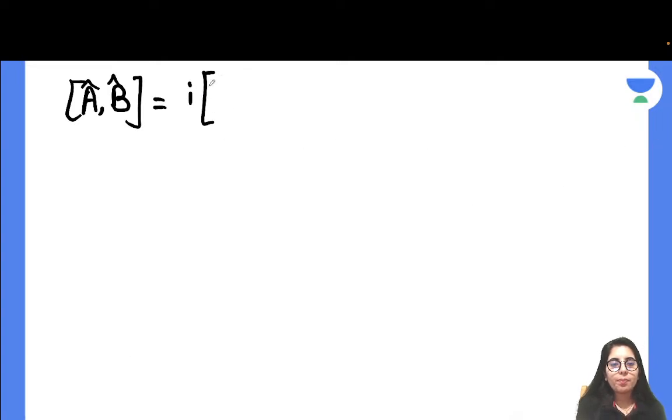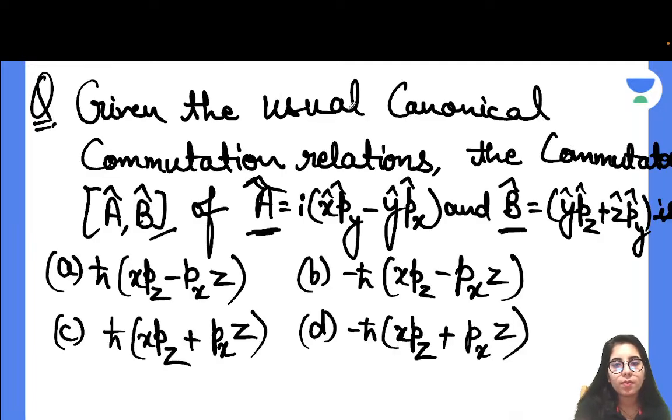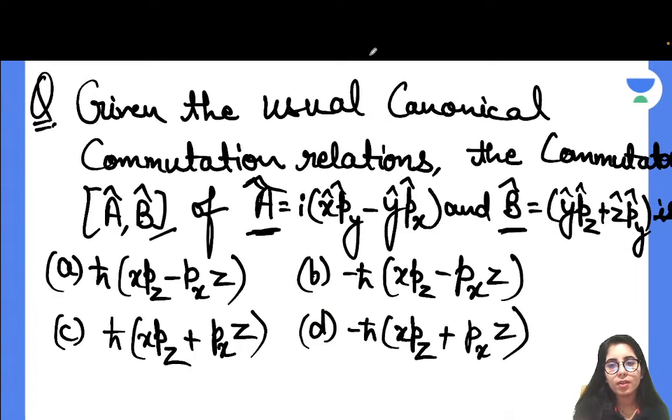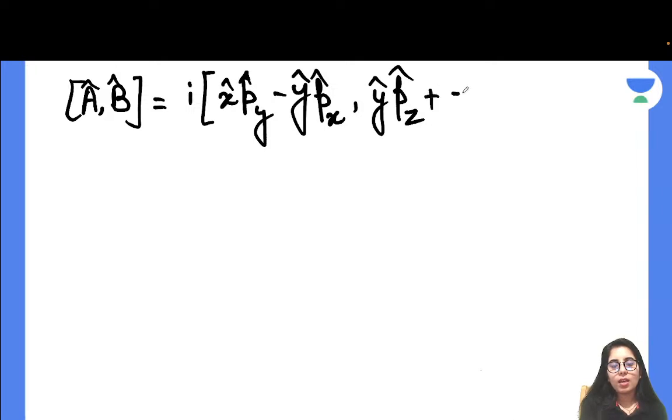I (x cap p_y cap minus y cap p_x cap) comma (y cap p_z cap plus z cap p_y cap).